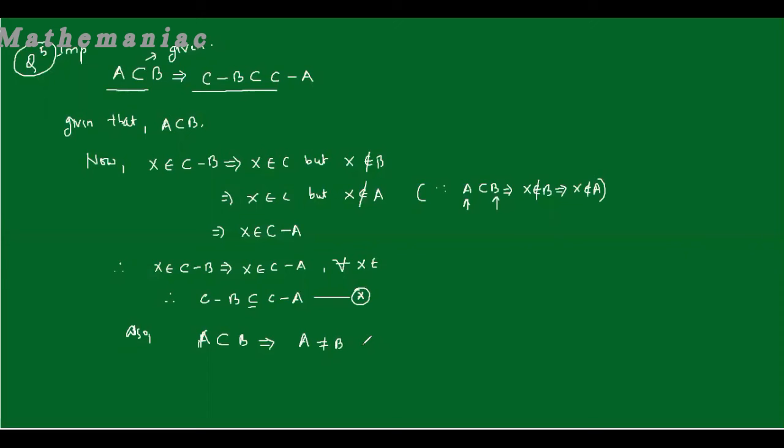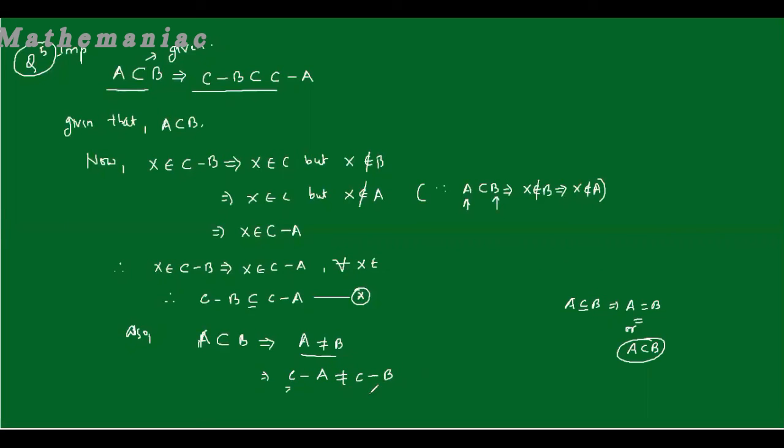Had it been a subset, we could have had one option that maybe it is equal. But once I get A a proper subset of B, then there is no question that equality holds. So it is very clear. And now if equality doesn't hold, you can easily justify that these two sets cannot be equal.